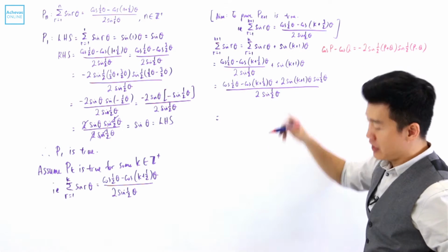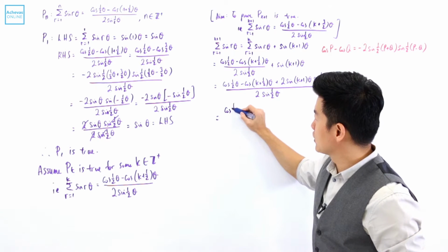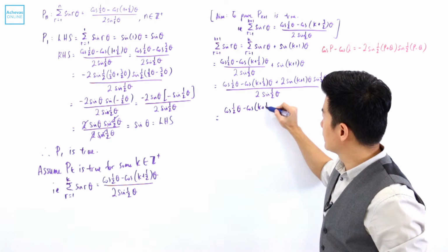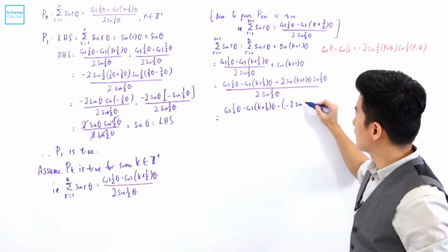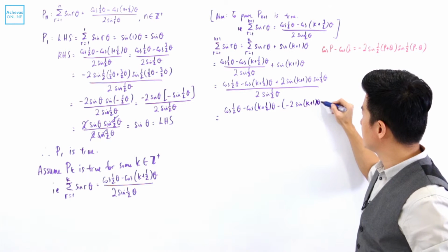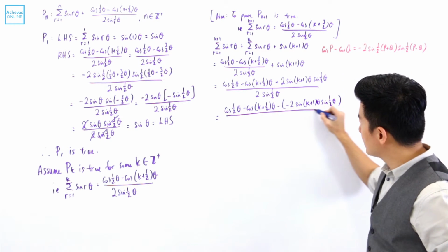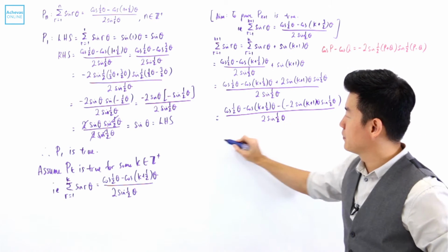I need a negative here, so let's bring out a negative. So it is (cosine half theta minus cosine (k plus half) theta minus of minus 2 sine (k plus 1) theta sine half theta), and this can be divided by 2 sine half theta.